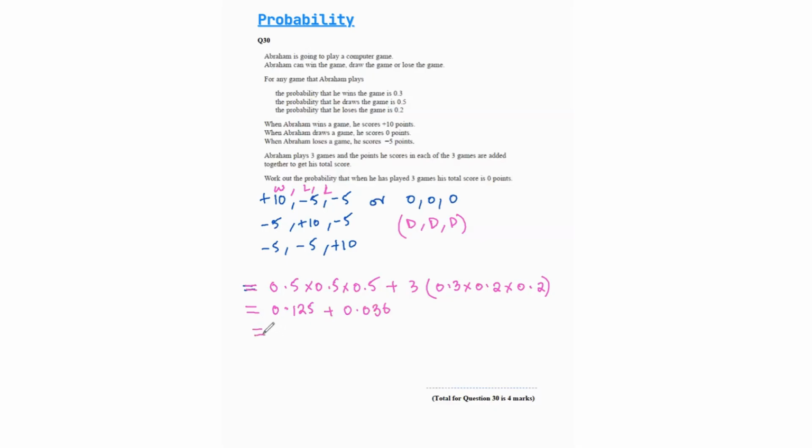Add the two. 0.161 is the probability of him scoring a 0 for his total score after playing 3 games.